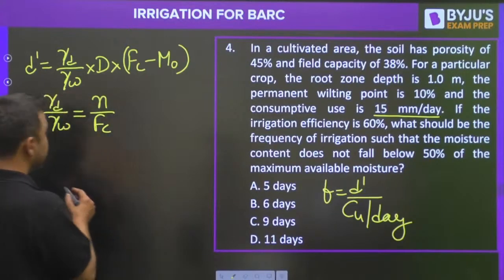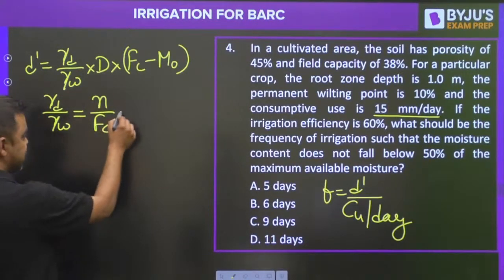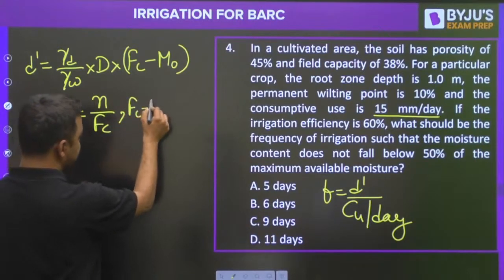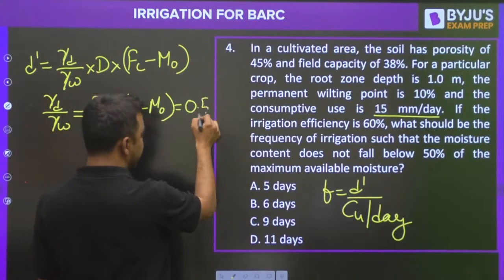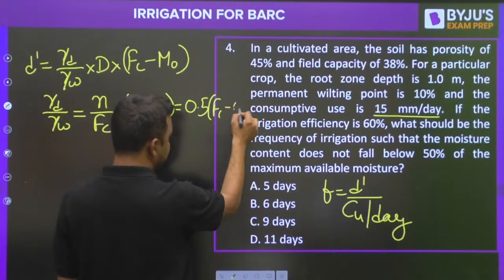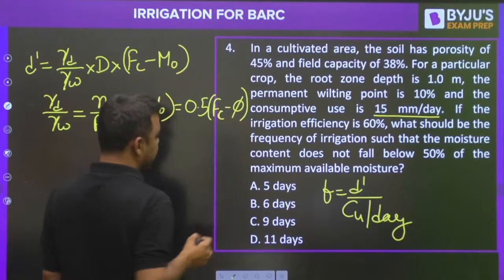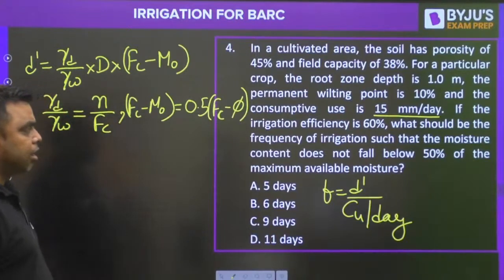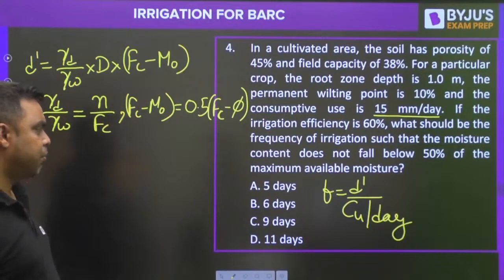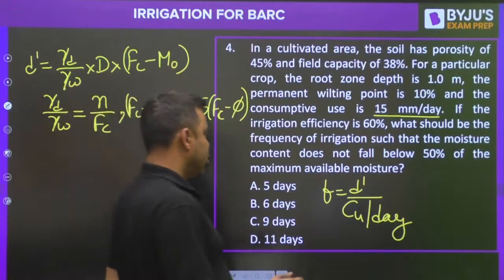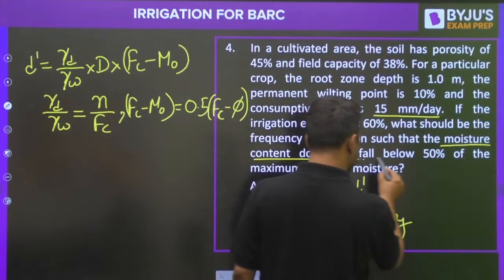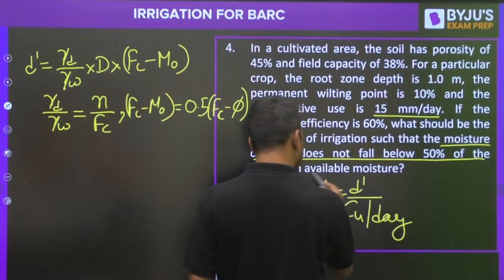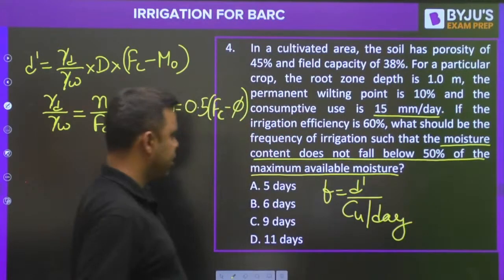Further, can I write FC minus M naught will be equal to 0.5 times of FC minus phi? Because moisture content does not fall below 50% of maximum available moisture.